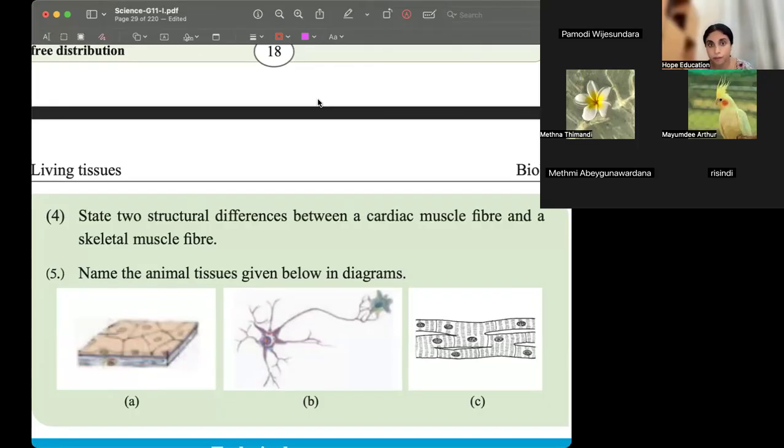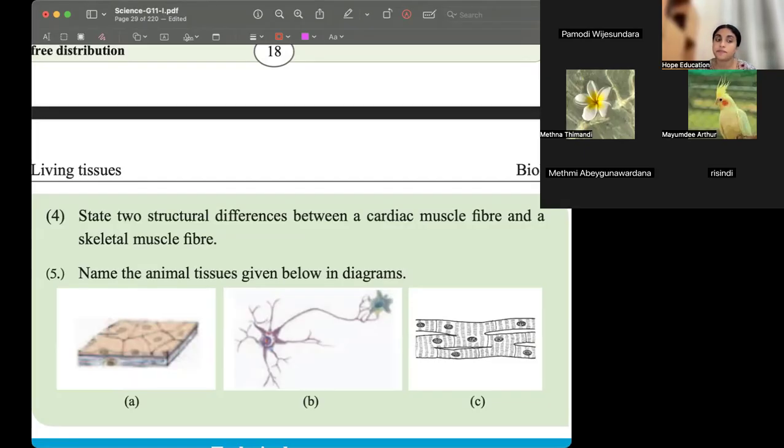Then cardiac is branched and skeletal is unbranched. Then in cardiac the cells are short, but in skeletal they are long cells. Those three are the structural differences. Also, you can write that in cardiac there is an intercalated disc present, but in skeletal there are no intercalated discs.